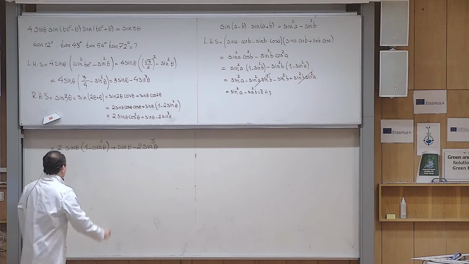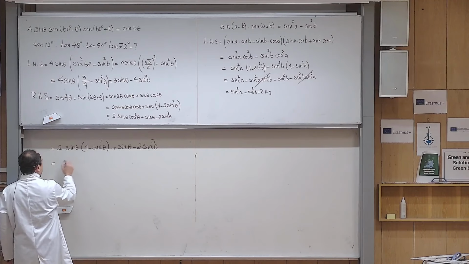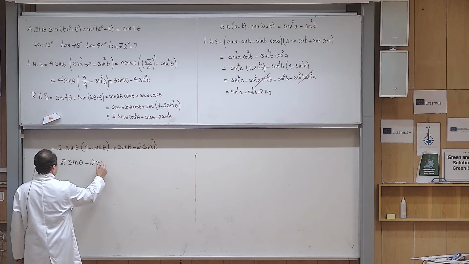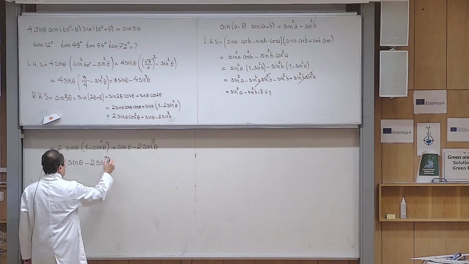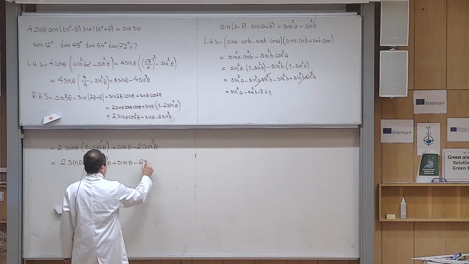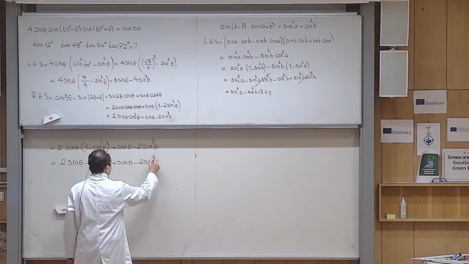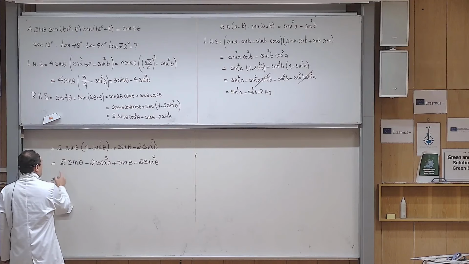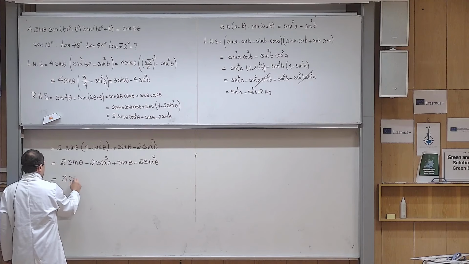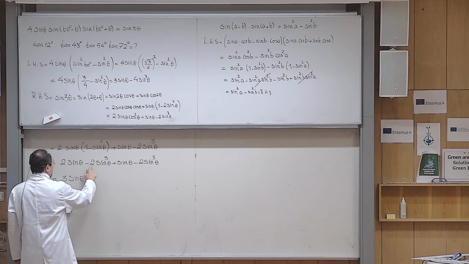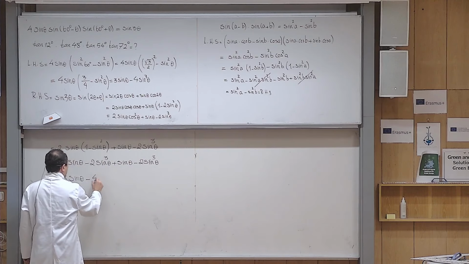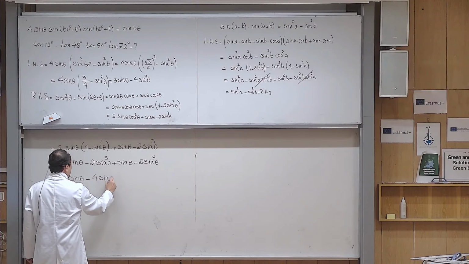Yes? And then, of course, it is clear what to do. I just multiply this in, so it becomes 2 sine theta minus 2 sine theta cubed plus sine theta minus 2 sine theta cubed. And then immediately you see that 2 sine theta plus another sine theta becomes 3 sine theta, and minus 2 sine theta cubed minus 2 sine theta cubed becomes minus 4 sine theta cubed.